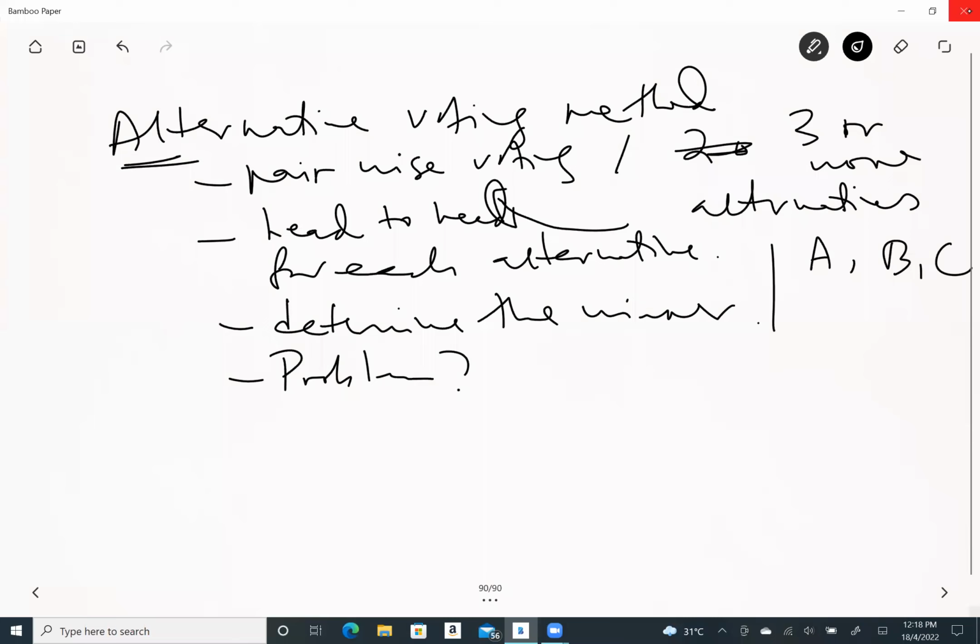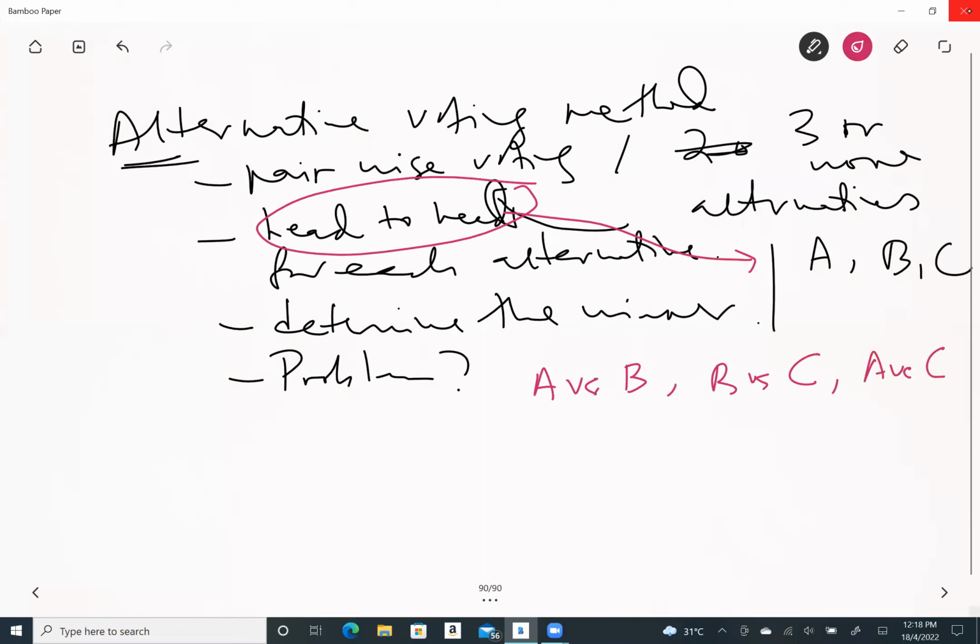So one way to do it is head to head, meaning everyone will have to go against each other. A will go against B, and then B will go against C, and then A will go against C. So you have everybody fight each other, and then you see who is the winner.